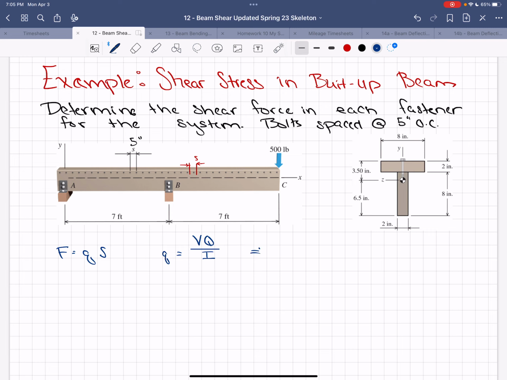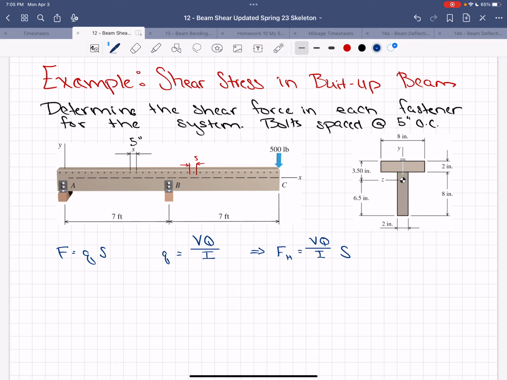So then we can write the horizontal force each bolt needs to carry as the shear force in the beam times big Q, the first moment of the area, all over the moment of inertia times the spacing of the bolt.